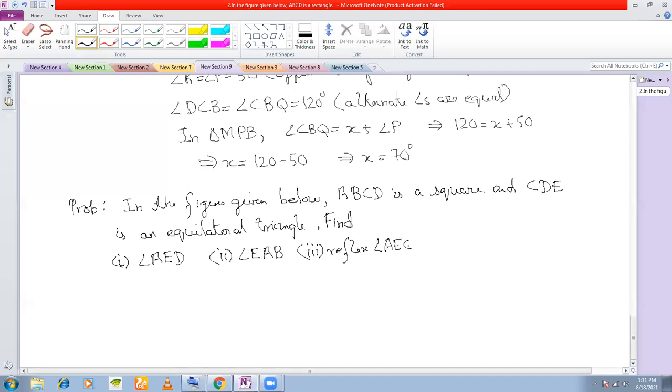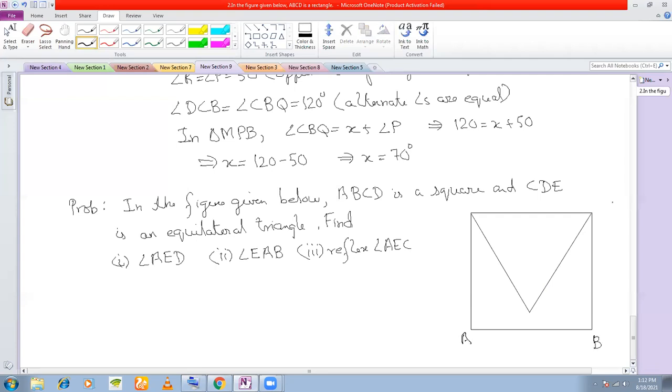Okay, now let's see what the figure given here is. With the help of a dotted line, they have joined this.